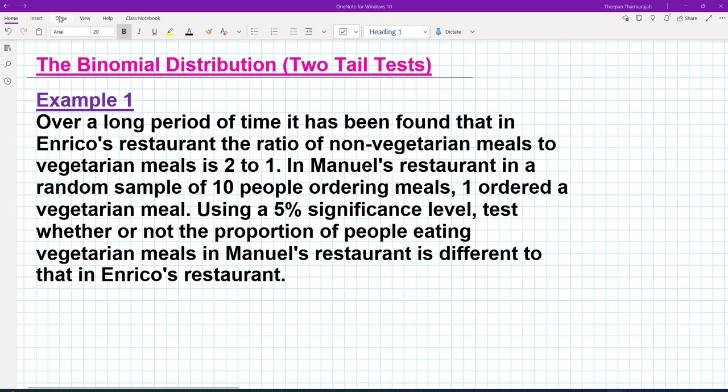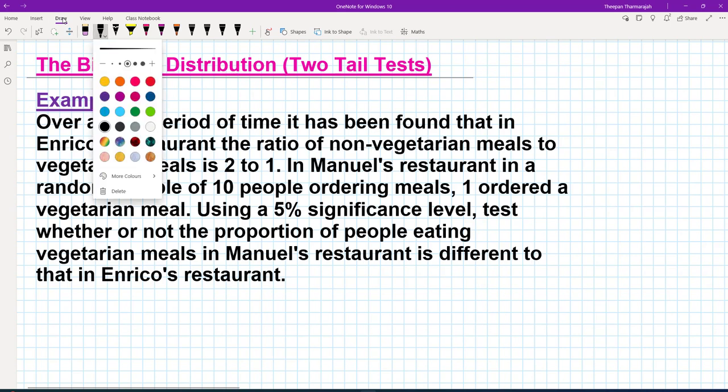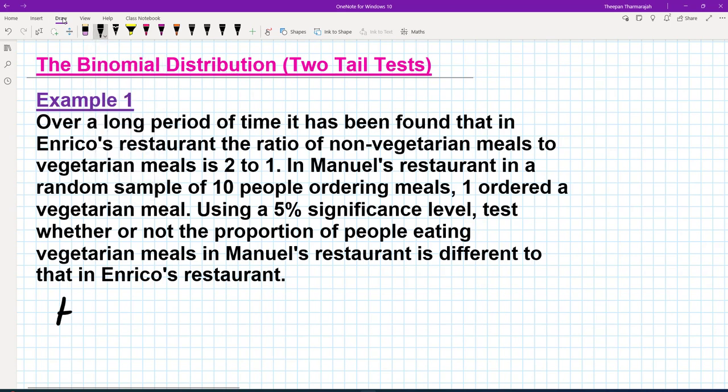So what we ought to do first of all is to set up our hypotheses, and our null hypothesis will state that the probability will remain as 1 over 3. But the alternative hypothesis will say, well, we don't know whether there's an increase or a decrease, or a change or a difference.